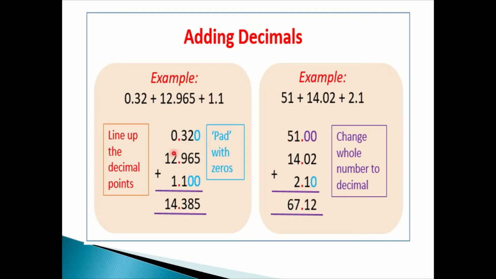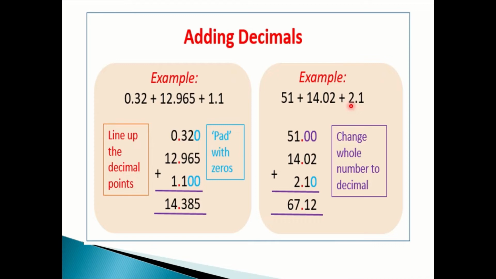So that's 1 plus 2 plus 1, which is 4. And then lastly, we bring down 1. If you want to confirm the answer, you can use your calculator after solving this, which will have the same answer, which is 14.385.